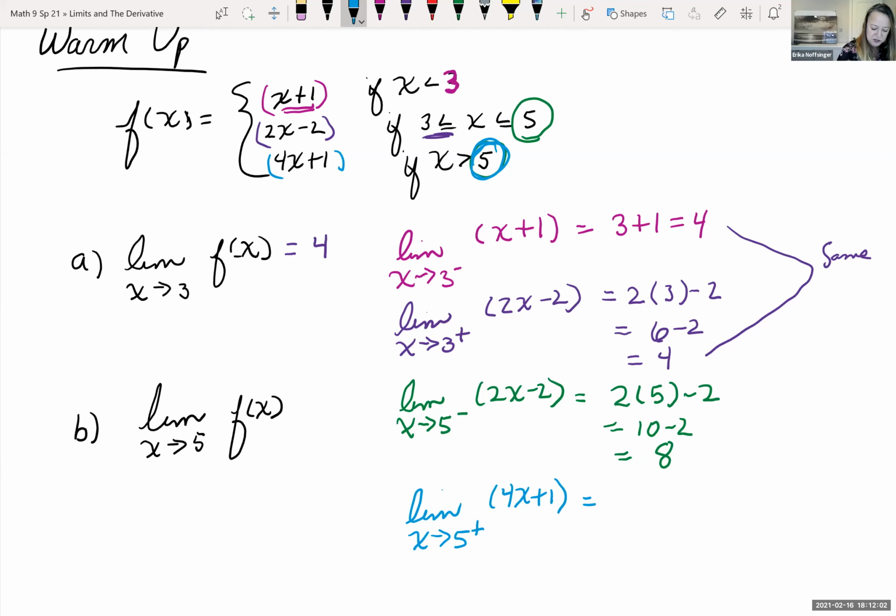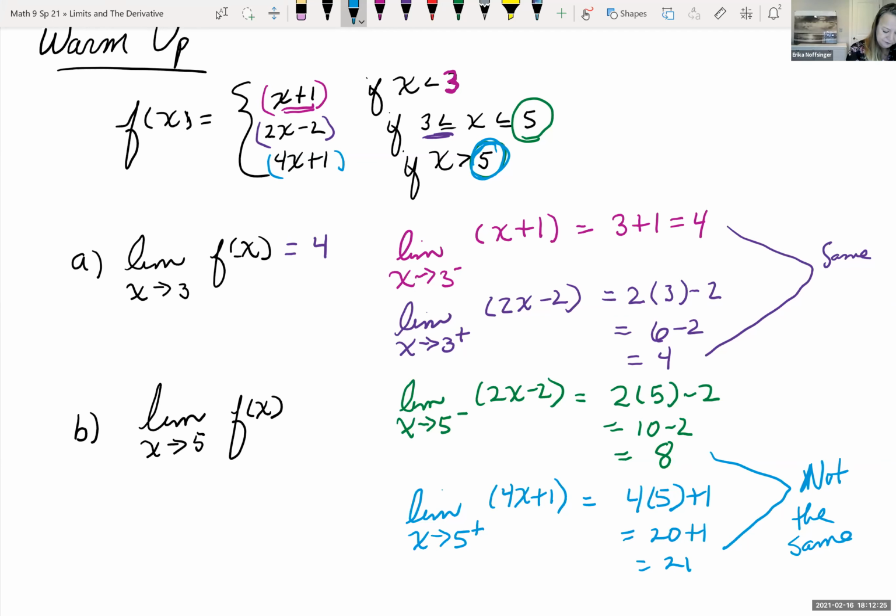Do direct substitution, and we have 4 times 5 plus 1. 4 times 5 is 20 plus 1. So that gives us 21. These are not the same. So because they're not the same, we say that the limit does not exist.